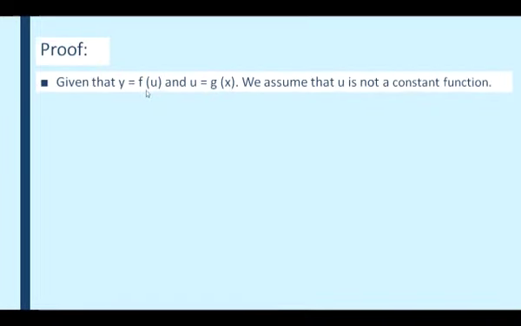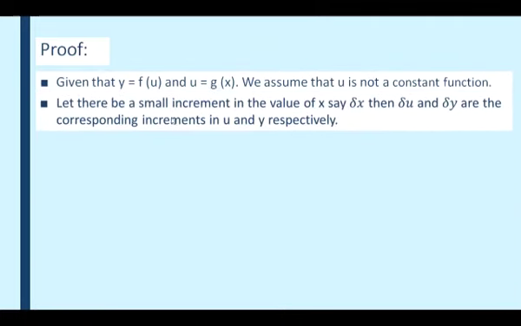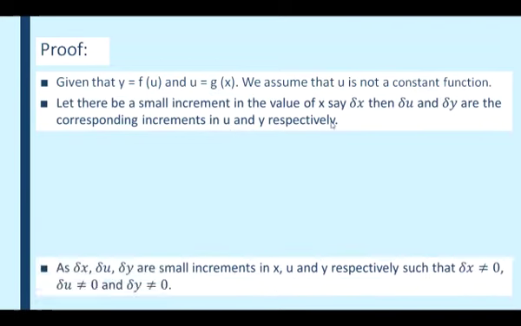Given that y equal to f of u and u equal to g of x, we assume that u is not a constant function. Let there be a small increment in the value of x, delta x, and delta u and delta y are the corresponding increments in u and y respectively.